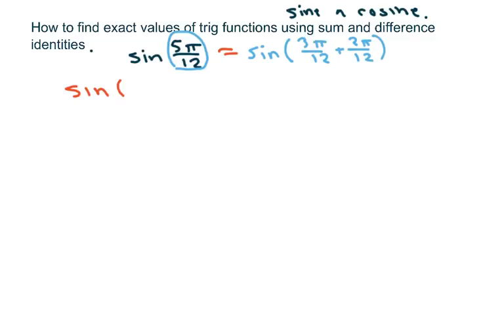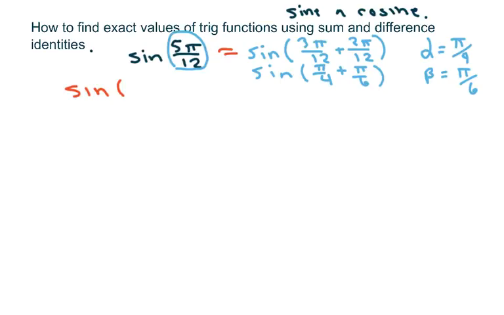So if I simplify that, I'm going to get sine of pi over 4 plus pi over 6. So my alpha is pi over 4 and my beta is pi over 6. Two different angles. That's what I'm labeling it.